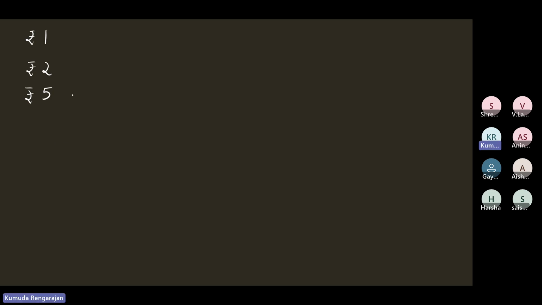All these are coins, not notes. ₹1 coins, ₹2 coins, and ₹5 coins. How many ₹1 coins? Not known. How many ₹2 coins? Not known. How many ₹5 coins? Not known. But what is the total number of all the coins?